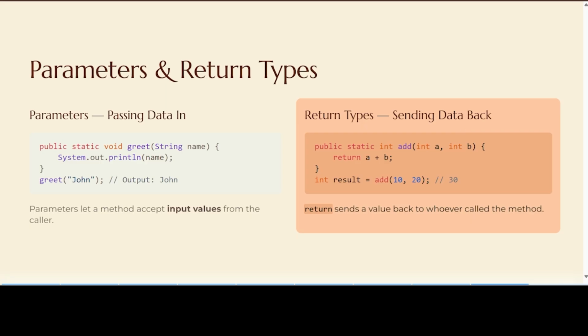Methods can also send information back. The method calculates the answer. For example, an add method takes 10 and 20 as the values of integers a and b. Think of it like a calculator. You give a number, it gives the result. That's exactly what a return statement does.